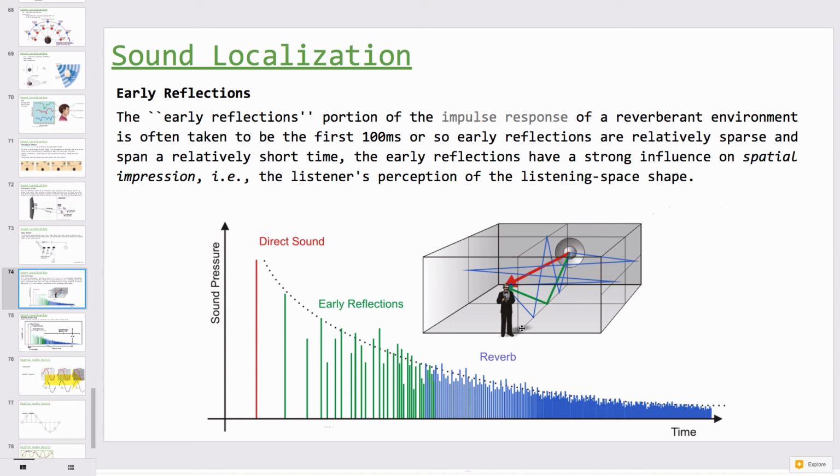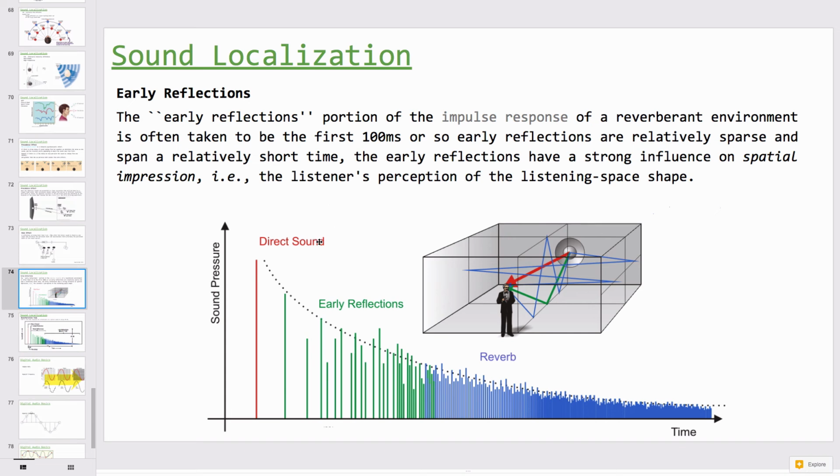It takes a little getting used to, but we're pretty good at sensing how big a space is, okay? You can click in a large space and a small space, and without your eyes, you do get a sense with your hearing, because of these early reflections, about how big that space is and where you are in it, if you're closer to one wall or another wall as well.